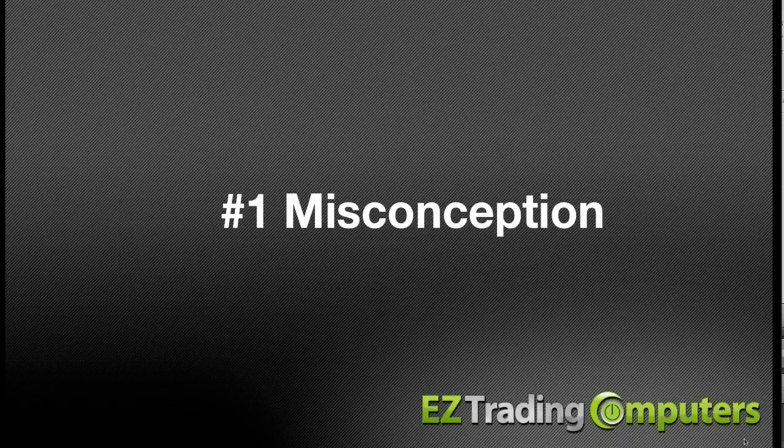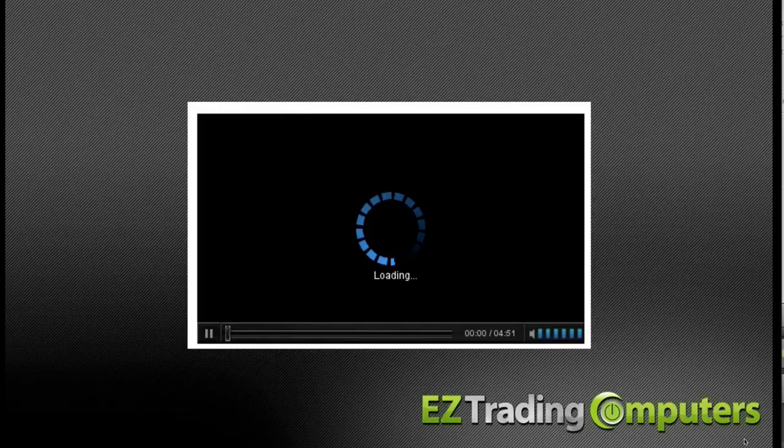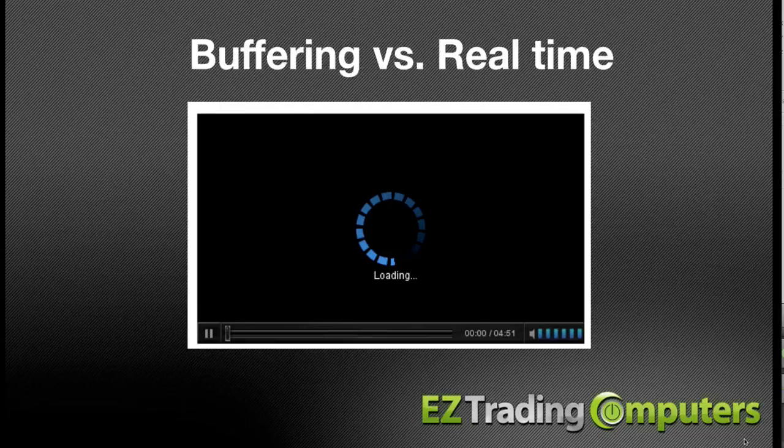Think about when you go to Netflix and you start a movie. Have you ever seen the little circle? That's something called buffering. Your computer connects to Netflix or YouTube or some service, and it's taking in a giant stream of real-time, high definition data, and your computer's processor is turning that into that gorgeous high definition picture we're all used to seeing.